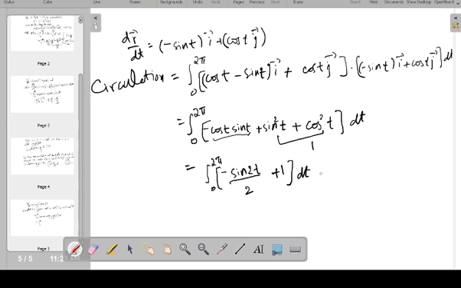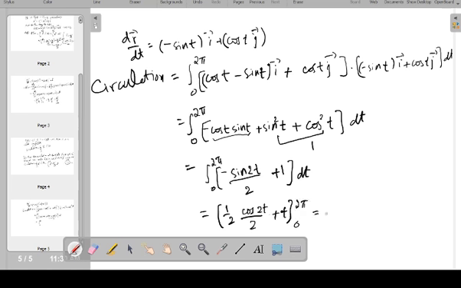So what you will get? 1 by 2 into, integral of sine is minus cos. So integral of minus sine is cos. Cos 2t divided by 2 plus t between the limits 0 to 2 pi.